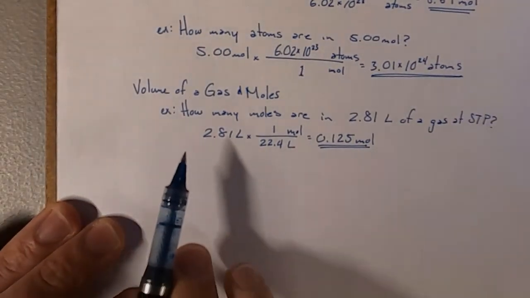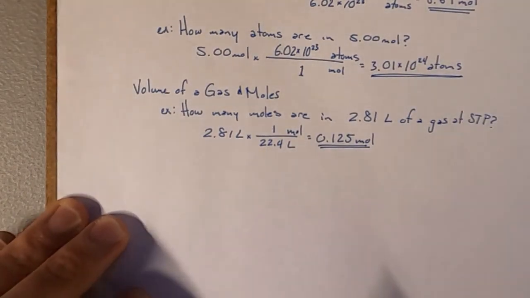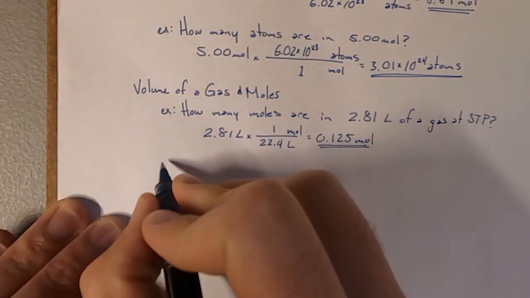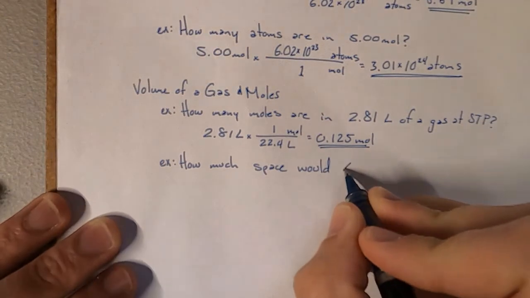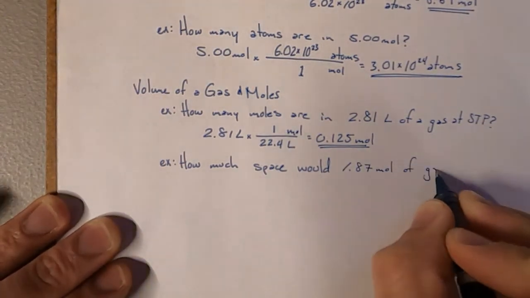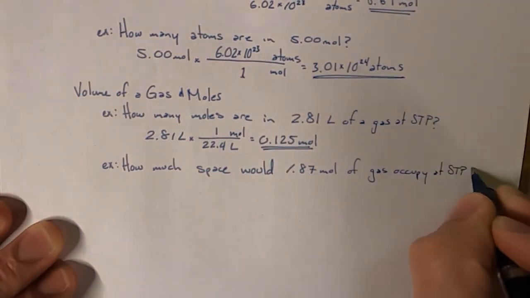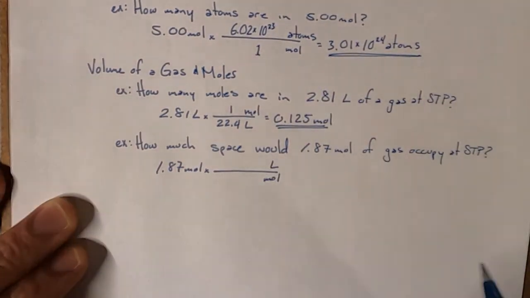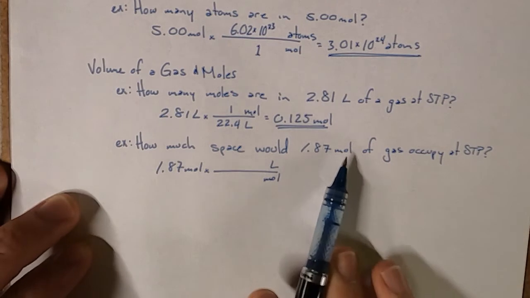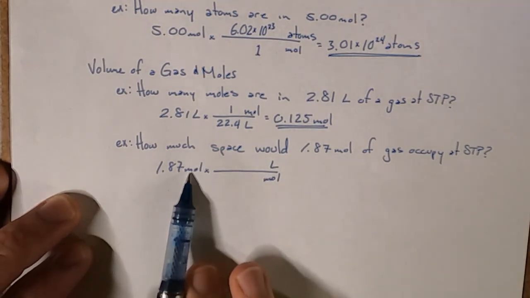This can be done the opposite direction if we're starting with a number of moles and converting it to liters. So I've set everything up. It's important to remember to include your units when you're starting off.